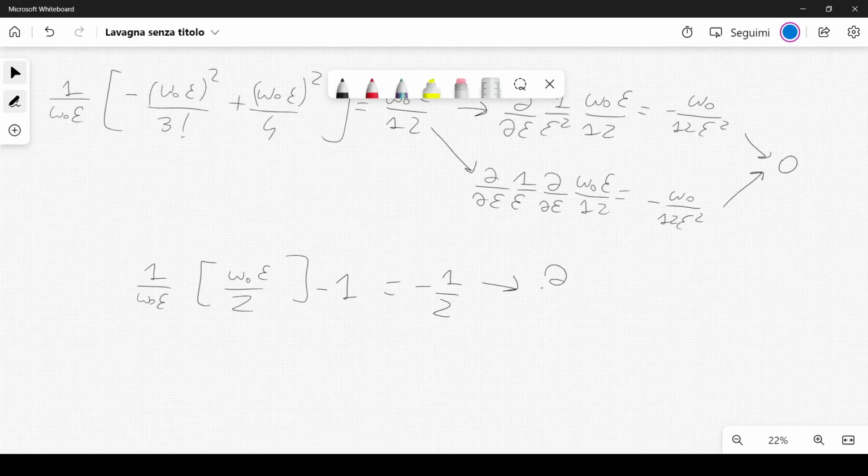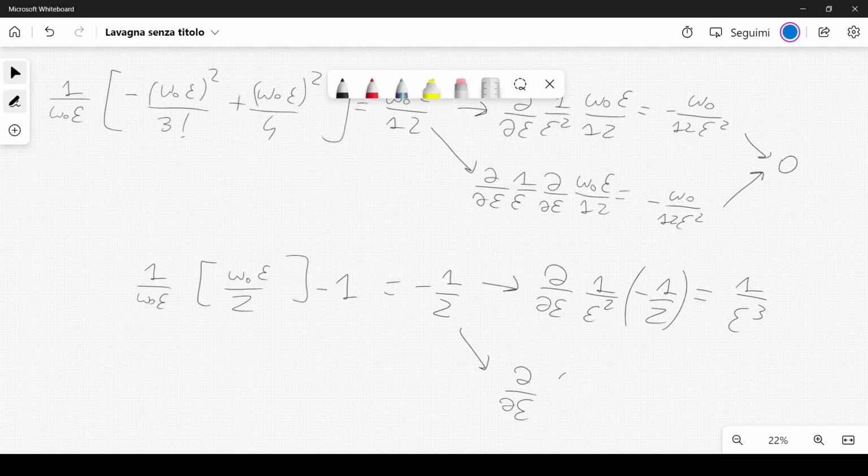So we have to take the derivative with respect to epsilon of 1 over epsilon squared times minus 1/2, and this is going to give you 1 over epsilon to the third power. And then you have d over d epsilon, 1 over epsilon, then you have a derivative of minus 1/2, which is a constant, and therefore from here we're going to get 0.